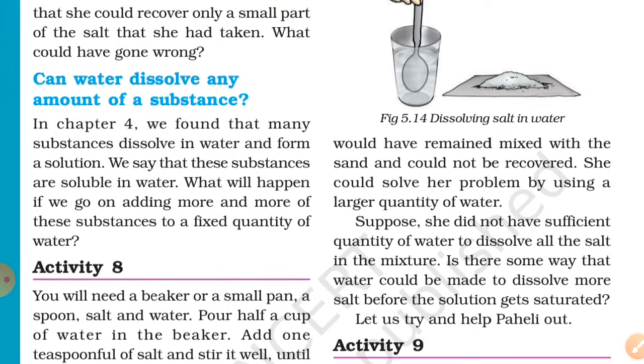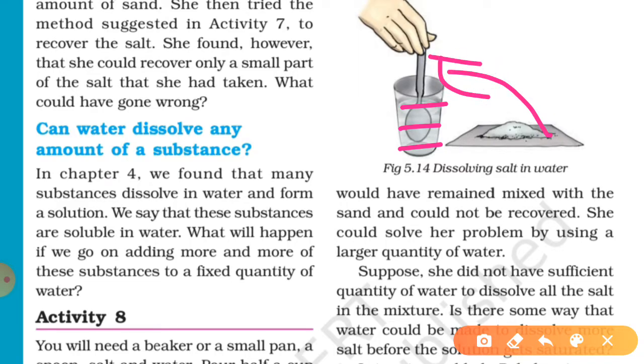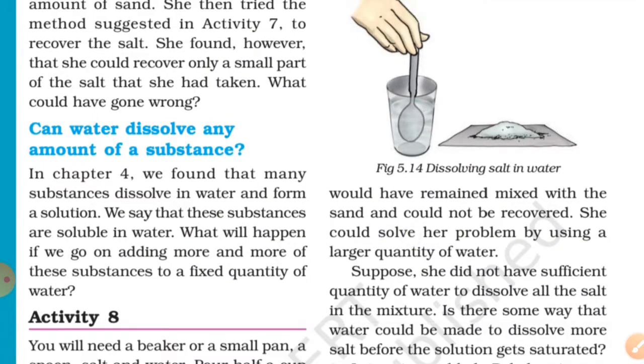Water can dissolve only a certain amount of a substance. Okay friends, when we pour some water in a glass and then start pouring some salt, and we keep pouring more salt, at one limit the salt will not get dissolved.